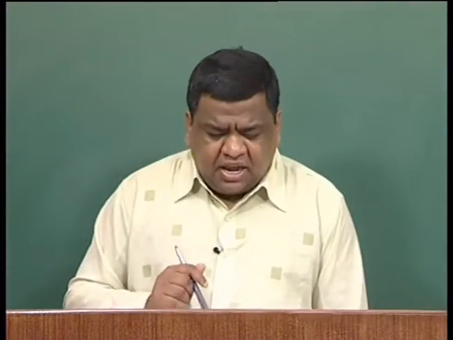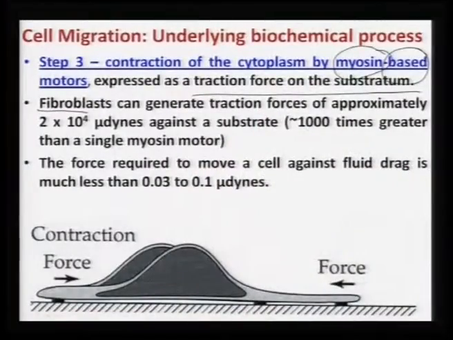Fibroblasts typically generate traction forces of approximately 2 into 10 to the power 4 microdyne. That means 2 into 10 to the power minus 2 dyne.